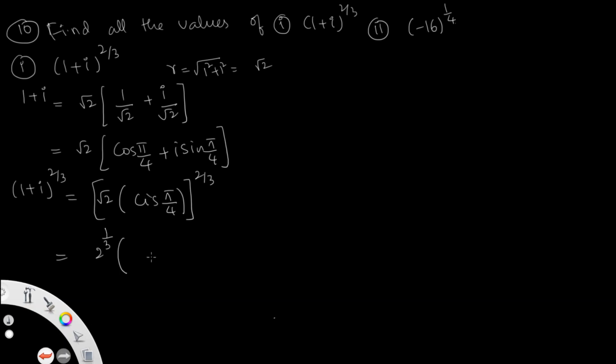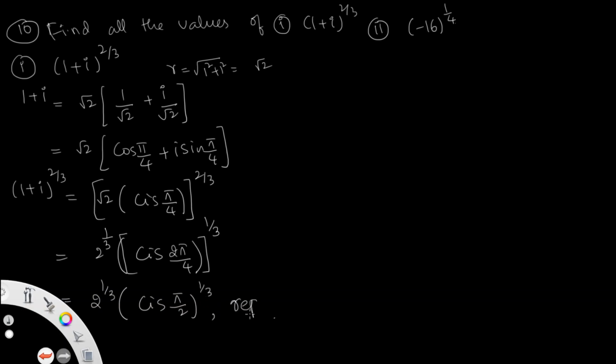And the argument is cis of pi by 2 to the power of 1 by 3, so it represents 3 values.